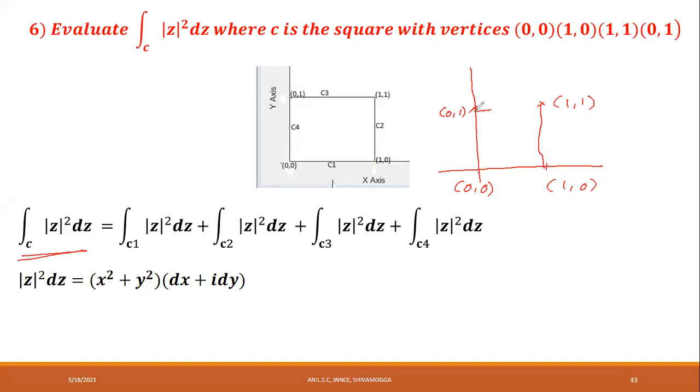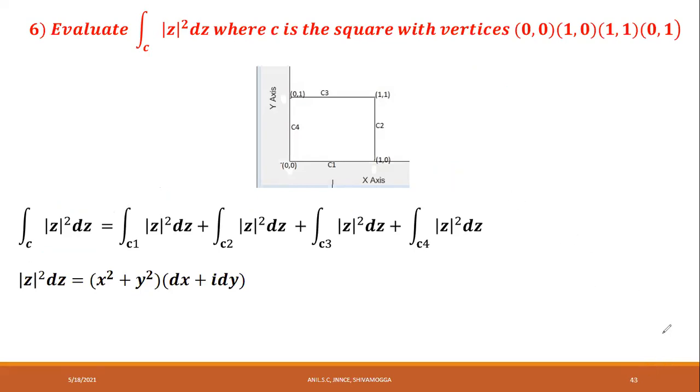That means C is made up of 4 line segments, C1, C2, C3, and C4, taken in this order. Therefore, the integral over C is equal to the integral over C1 plus C2 plus C3 plus C4.